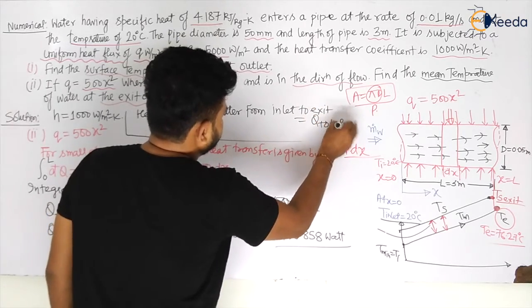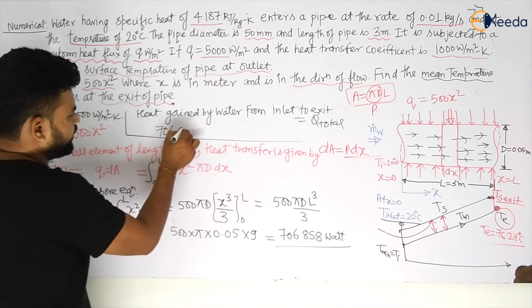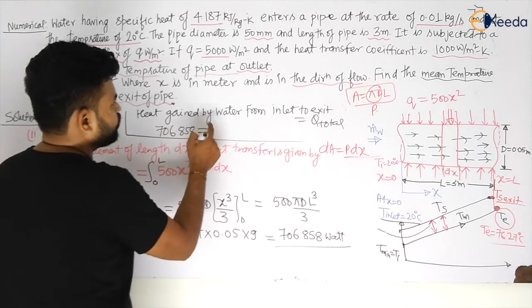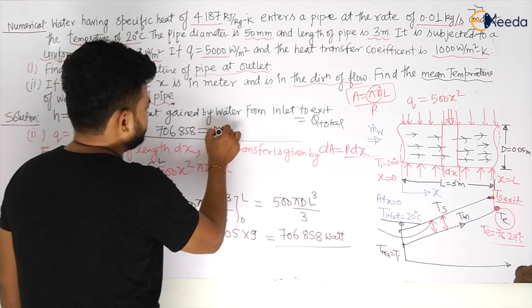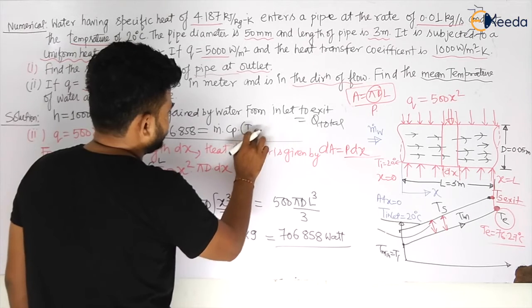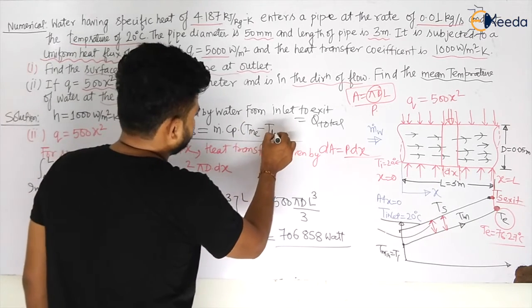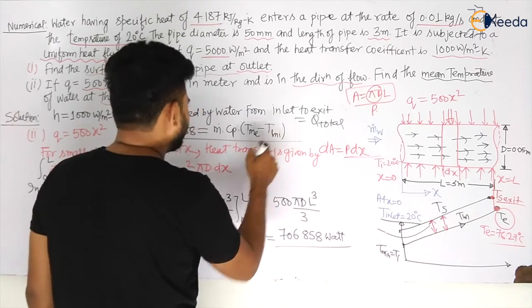So 706.858 is equal to m dot Cp into Tme minus Tmi, the mean temperature at the exit minus at the inlet.